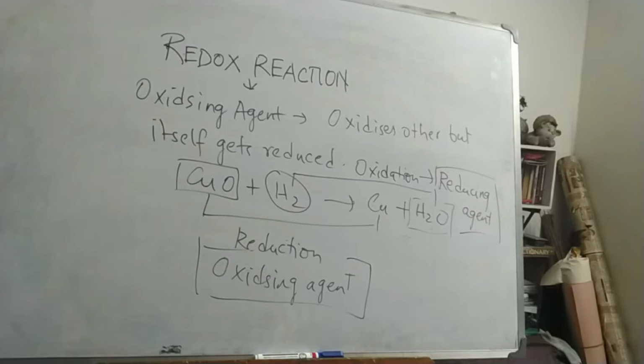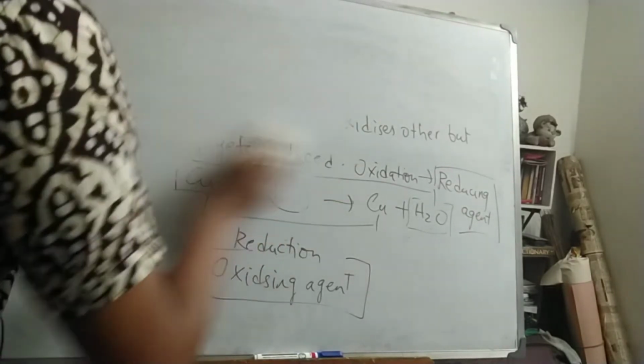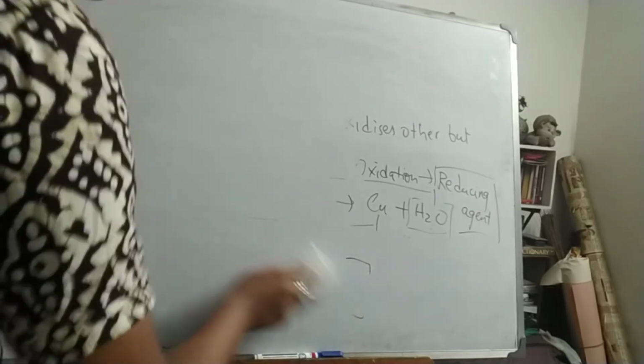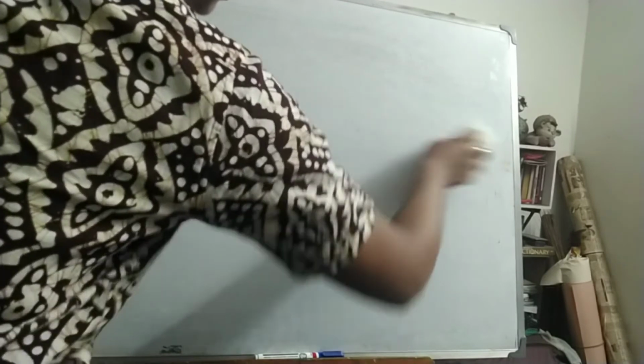Now we will go to the next, that is the electronic concept of oxidation and reduction.